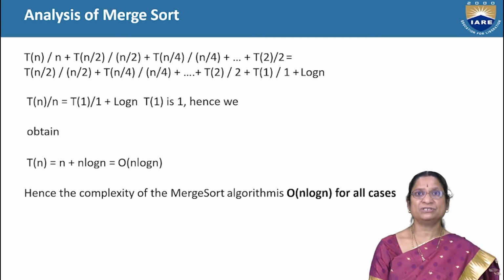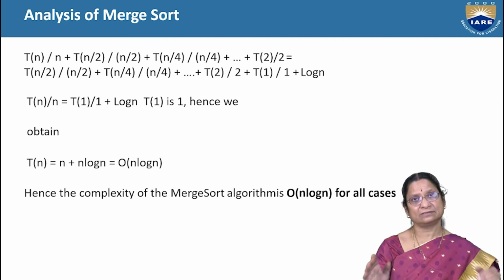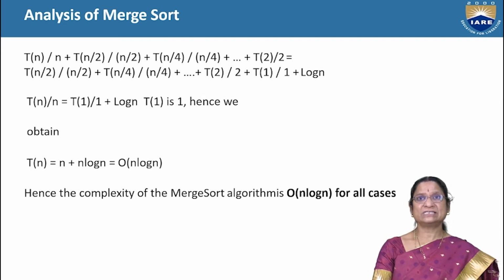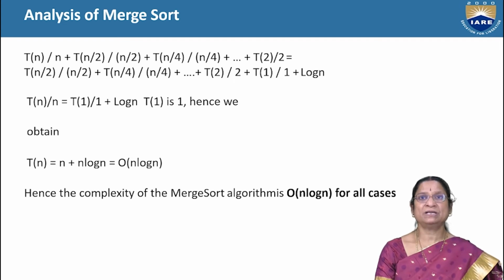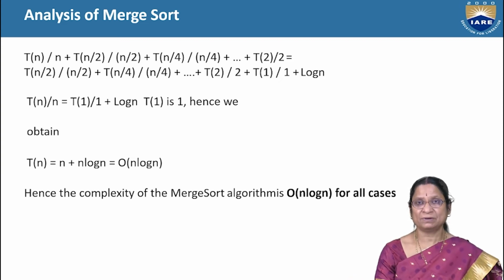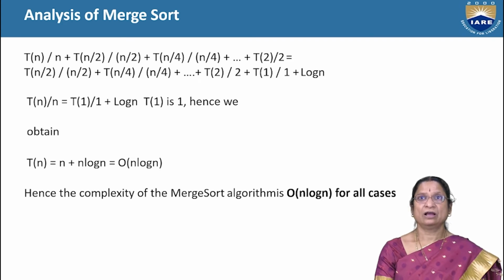In any case, all data is divided into single sublists and sorted through the merging process by merging sublists. So irrespective of the arrangement of the original input, the time complexity of merge sort is n log n only. Of course, depending upon the size of n, some space complexity can be considered by us.